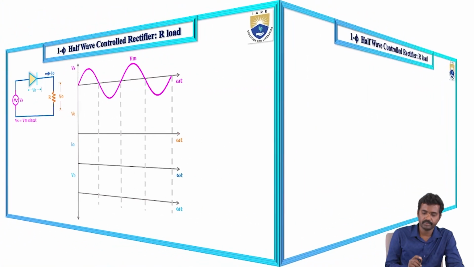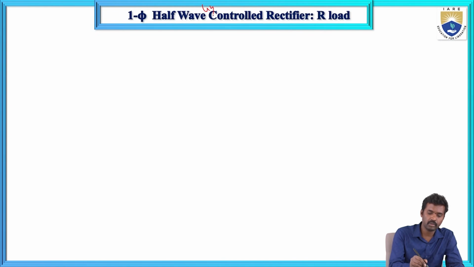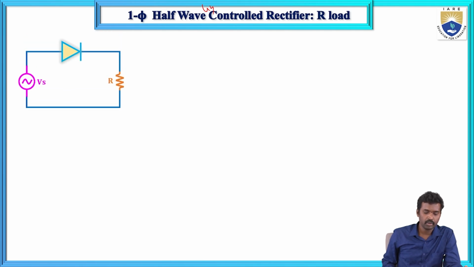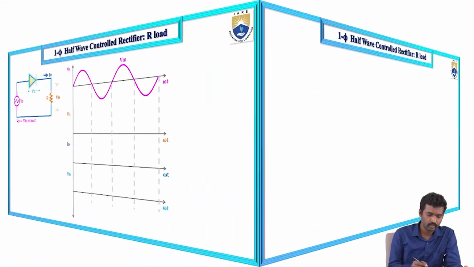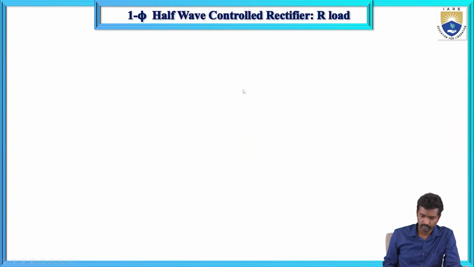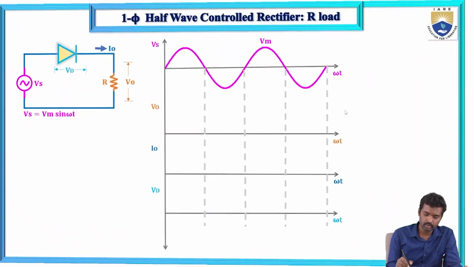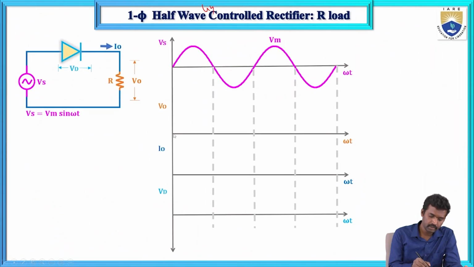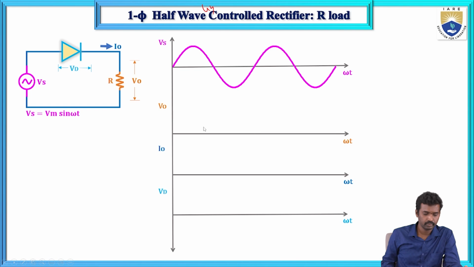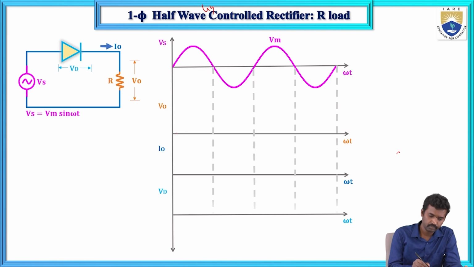And now here the second case. This is an uncontrolled rectifier. The average value we have discussed.